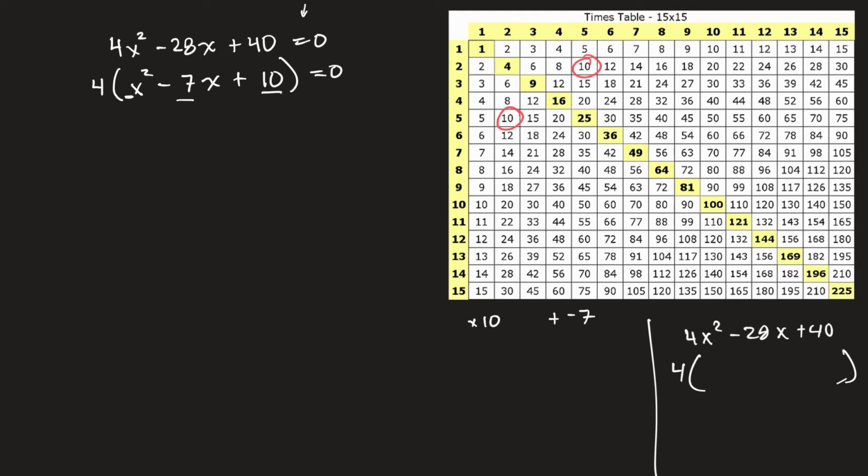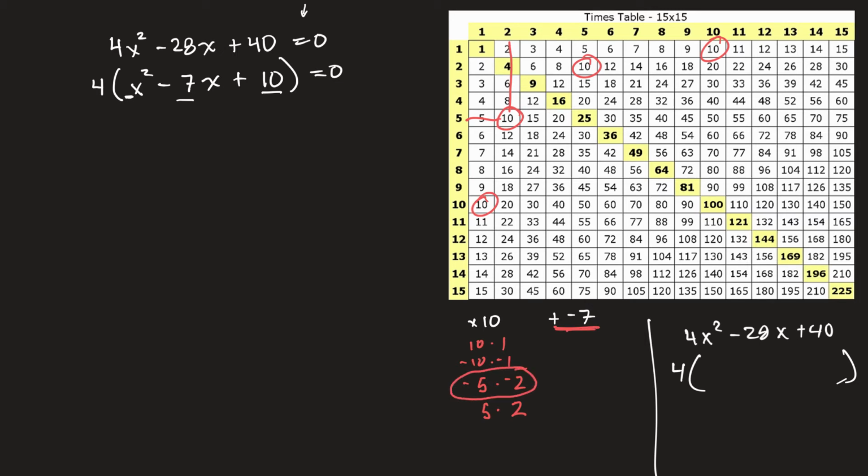So it's either 10 times 1 or minus 10 times minus 1, or what's this one? 5 and 2. So negative 5 times negative 2, or positive 5 times positive 2. Okay, the one that adds to a negative 7 is going to be that one right there.